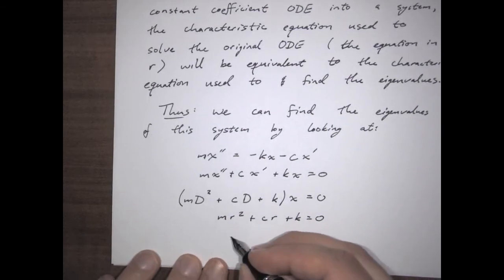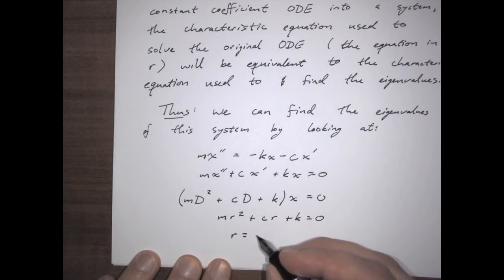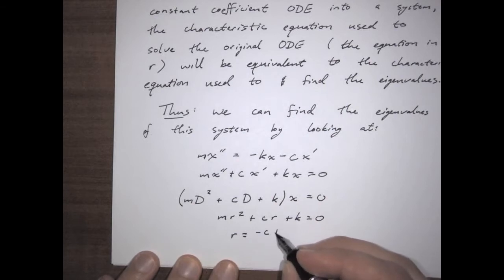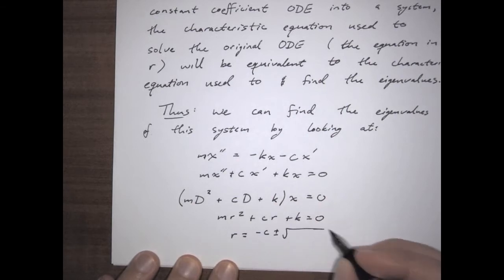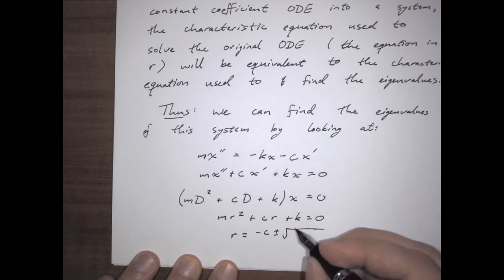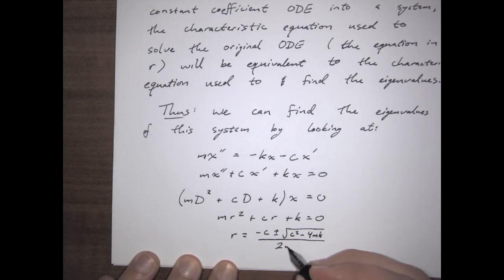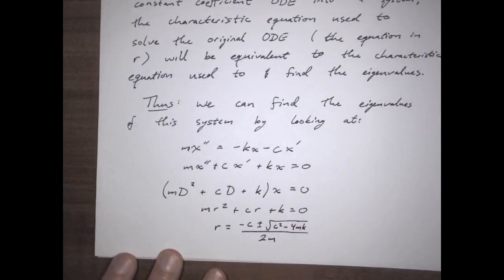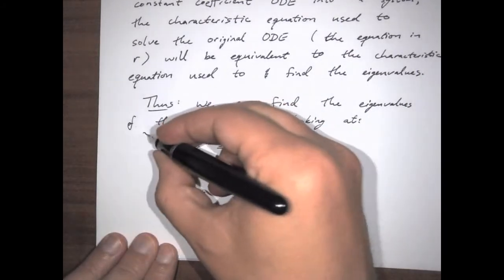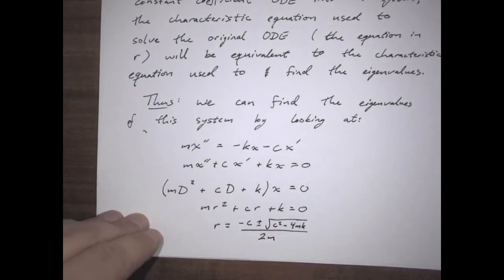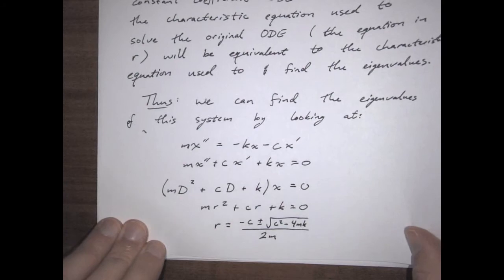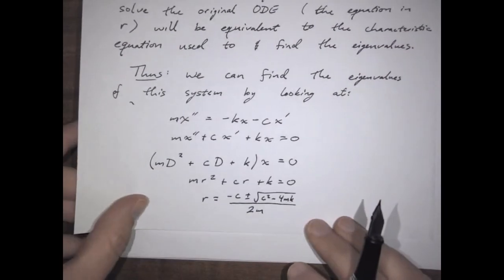And then that means that r is going to equal, according to the quadratic formula, in this case, negative c plus minus the square root of c squared minus 4 times m times k, all divided by 2m. And what that means is that the lambda here will be determined by this.